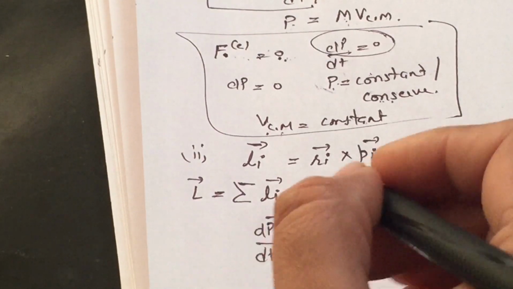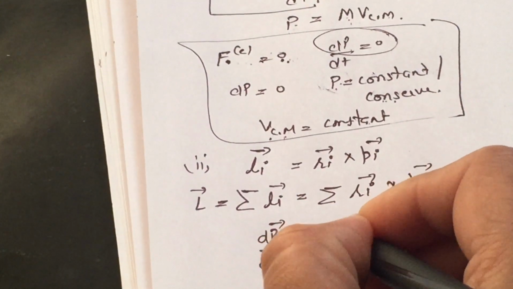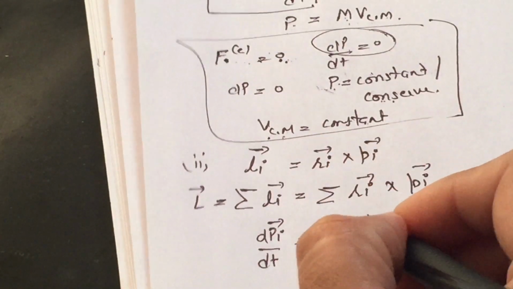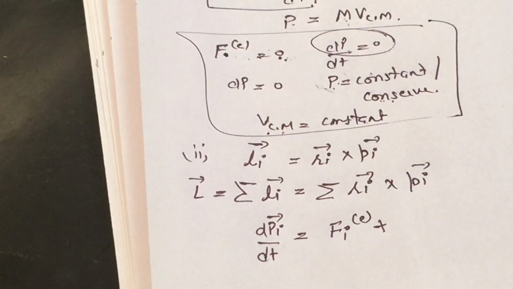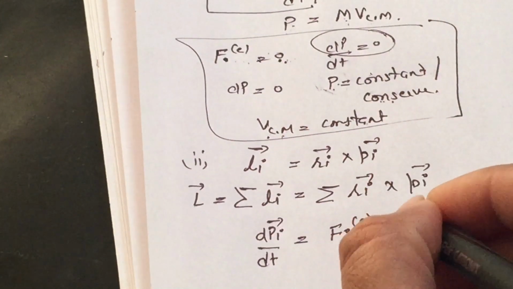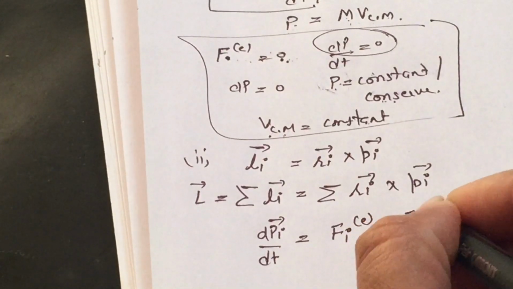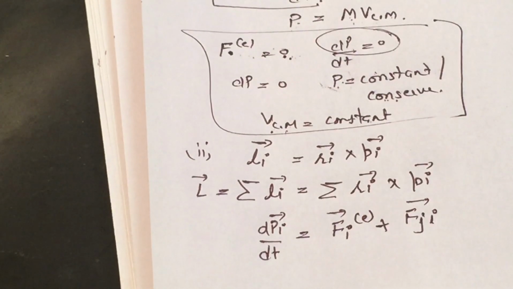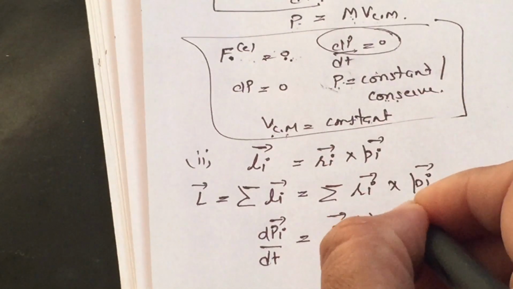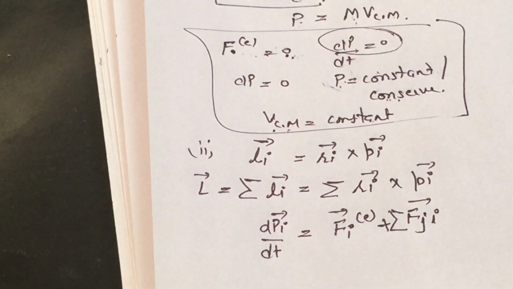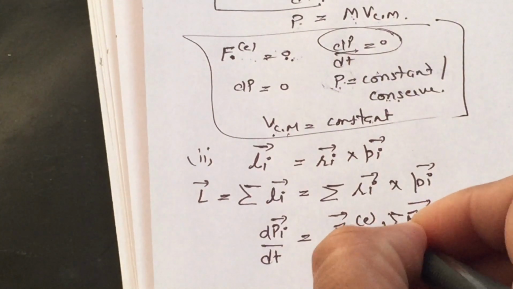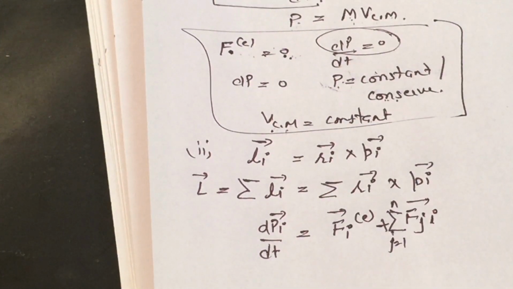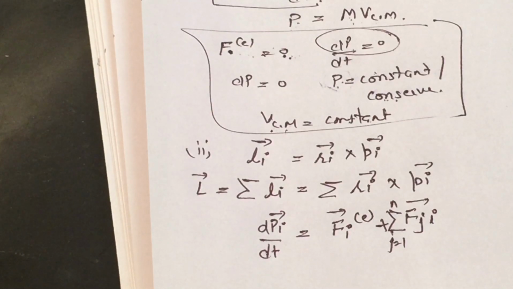The total force on the ith particle is the external force on the ith particle plus the forces on the ith particle due to the other particles, which can be represented by the summation of fji, where the summation represents all the particles giving a mutual force to the ith particle.